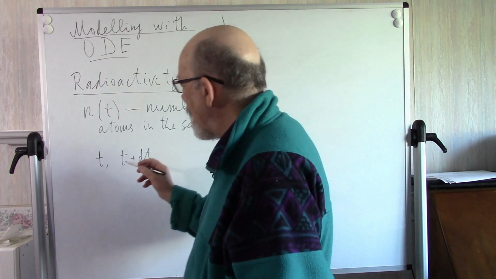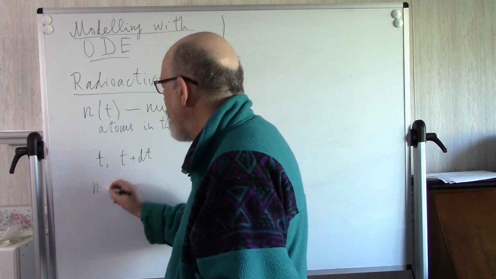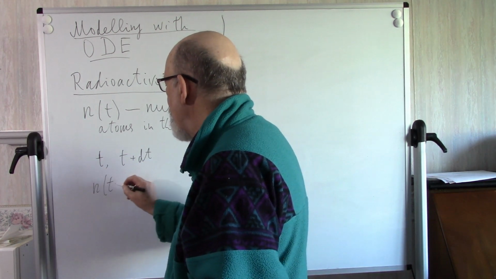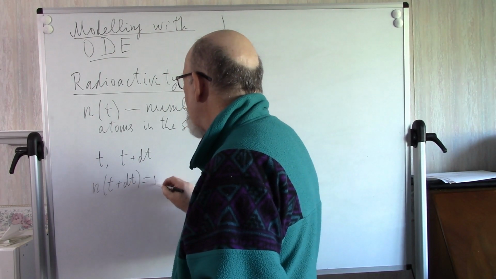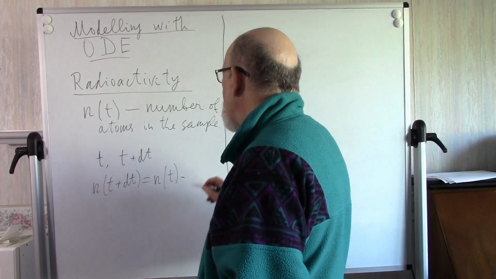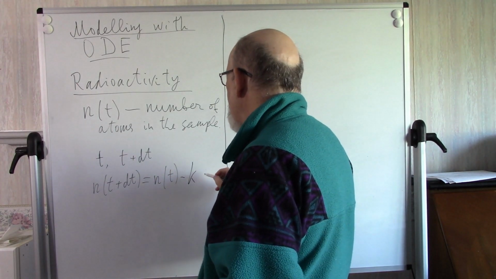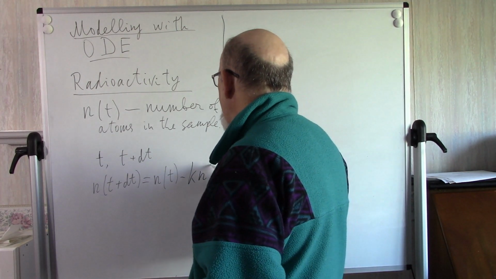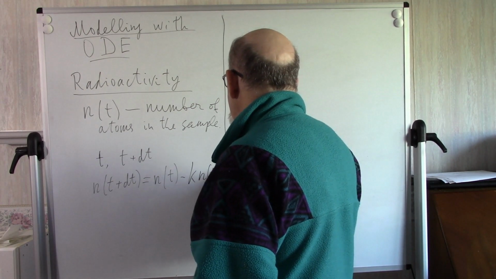So we can write n of t plus dt equals n of t minus some coefficient, let's denote it by k, times n of t times dt.